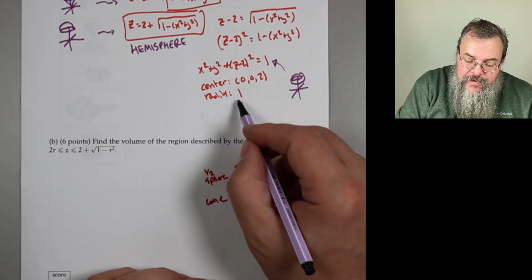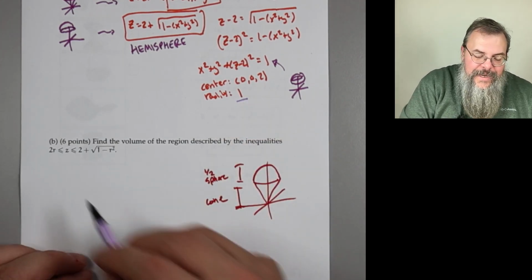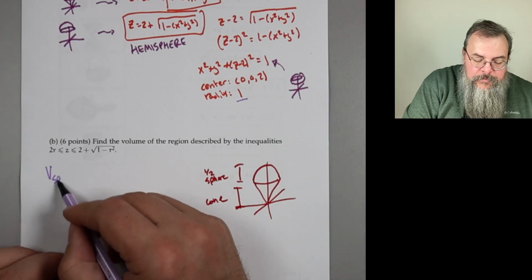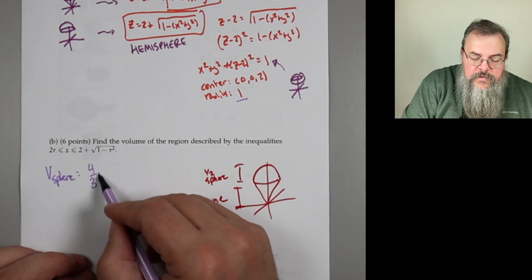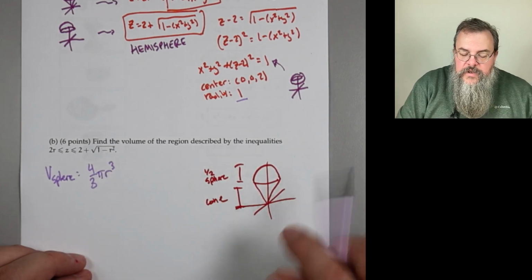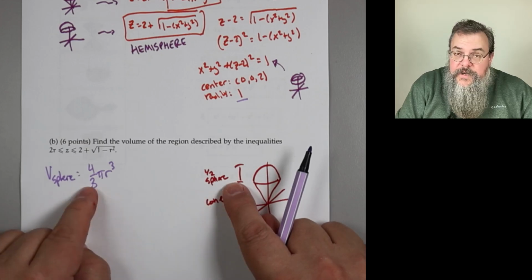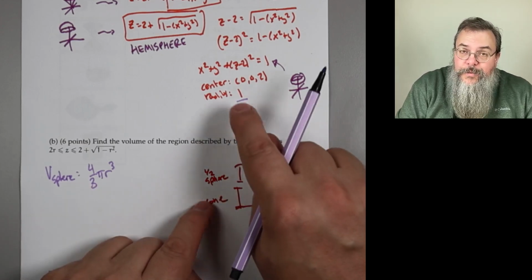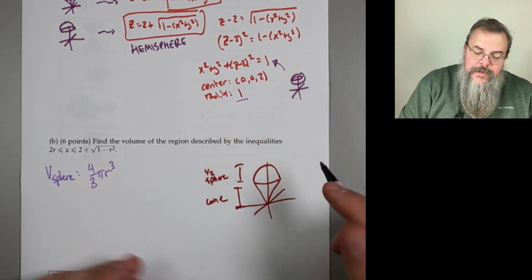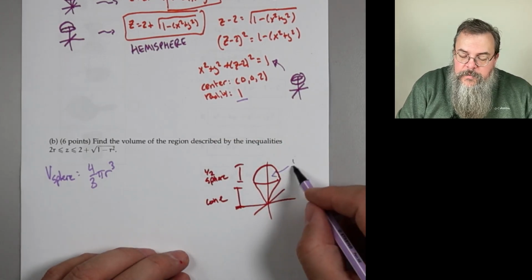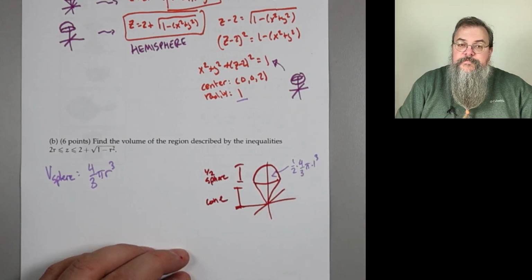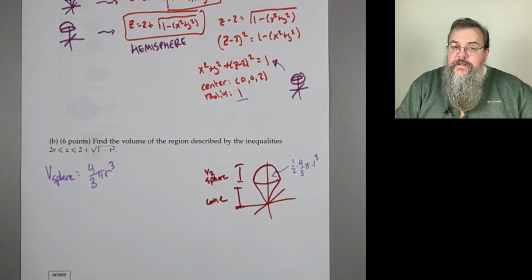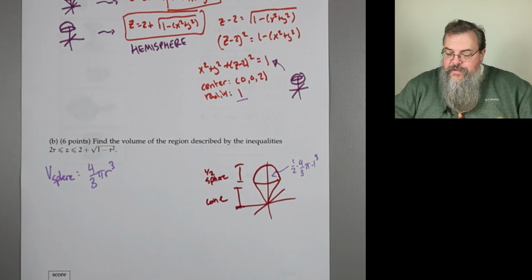Our radius is 1. For the volume of a sphere, that's 4/3 pi r cubed. So if I have half a sphere of radius 1, this part will be 1/2 times 4/3 pi times 1 cubed. All right, that's our top piece.